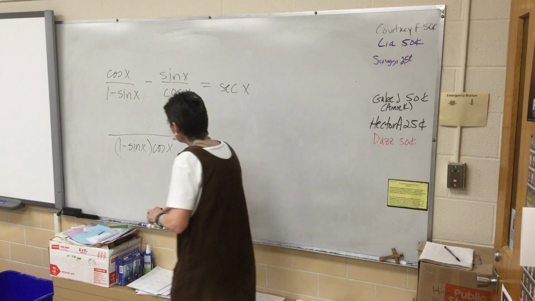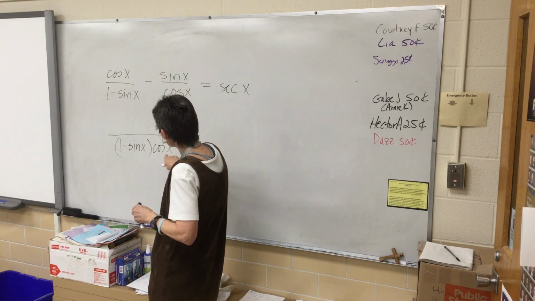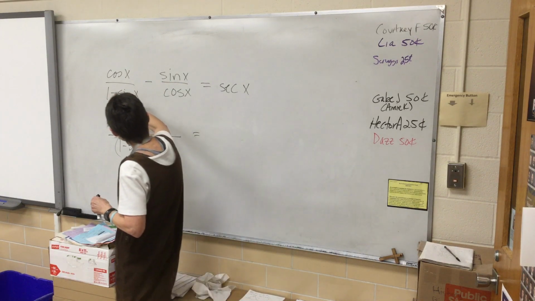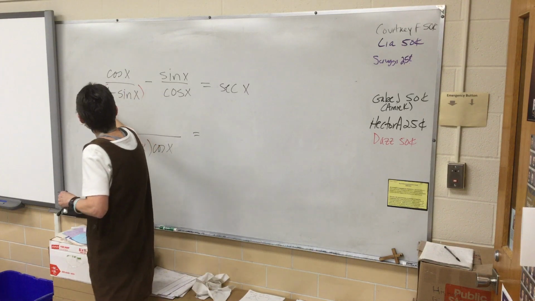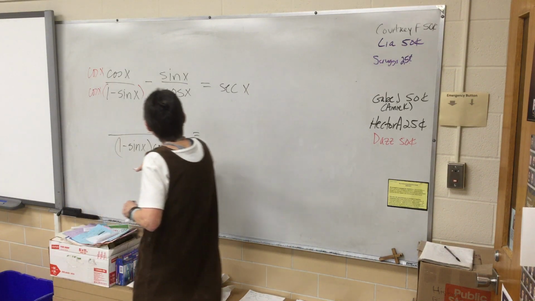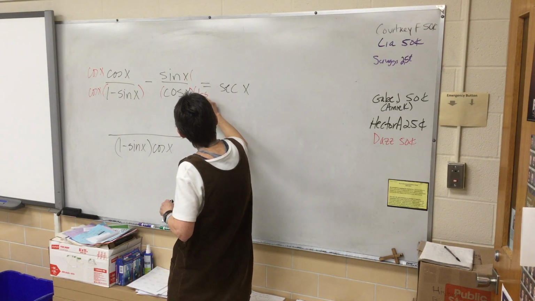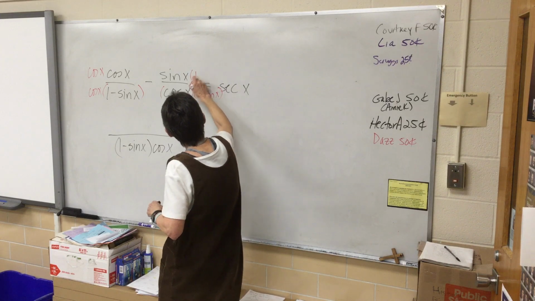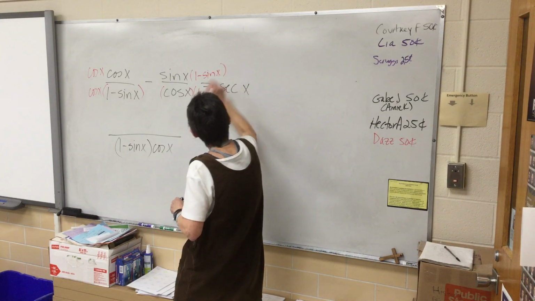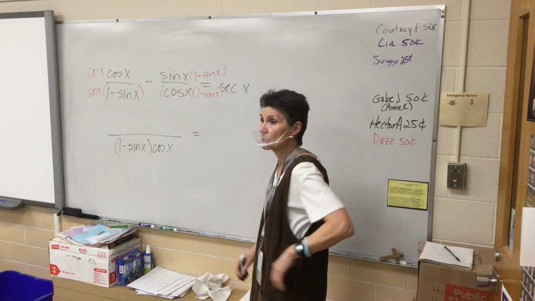So now I have to make sure that both of my fractions have that denominator. So this one is going to need to be times by cosine. And this one is going to need to be times by 1 minus sine. Would you agree with that?